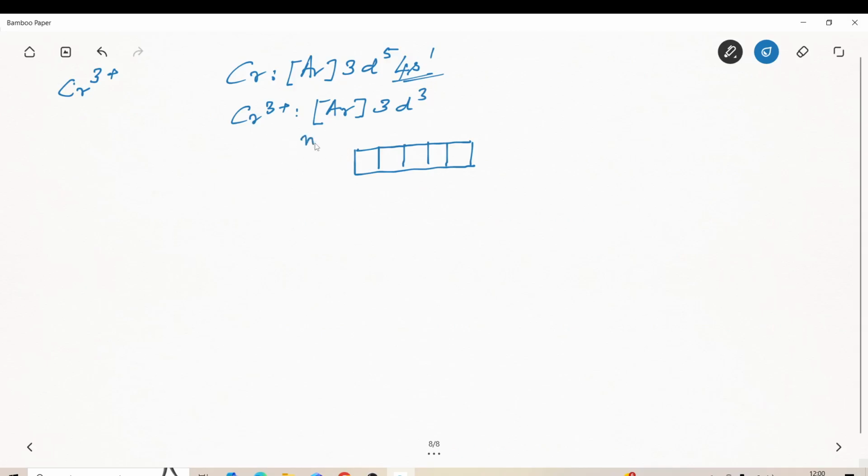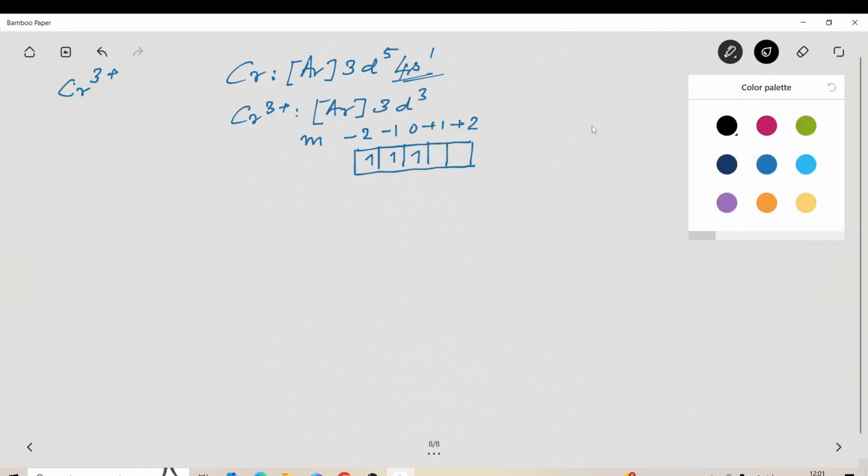The m values for this are -2, -1, 0, +1, +2. You know this. And we are writing down the ground state configuration, so it should be like this.